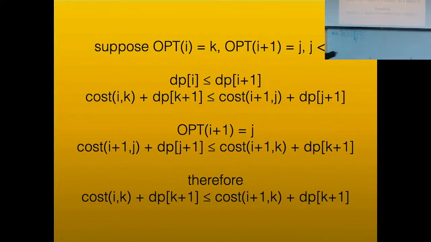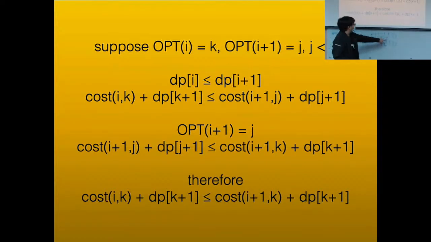Let's say this is dp rem, and then let's say this is I, and this is I plus 1, and let's say the OPT does not match what we expected.